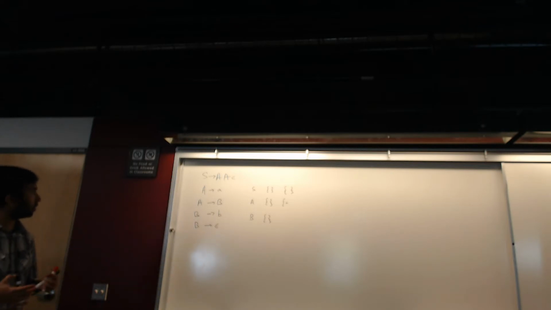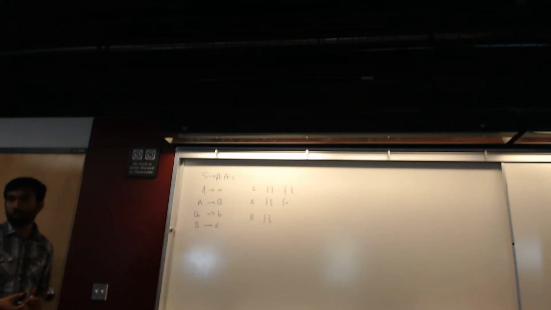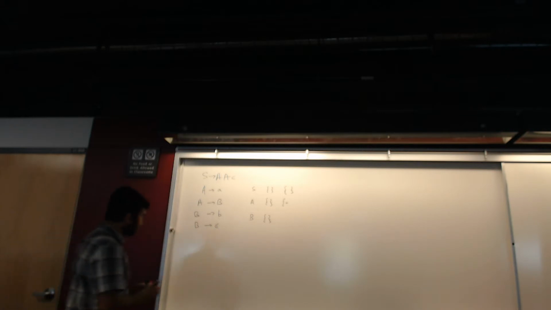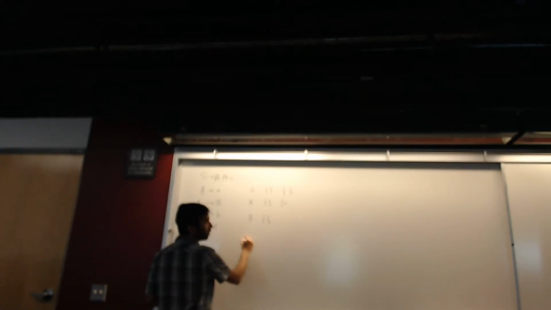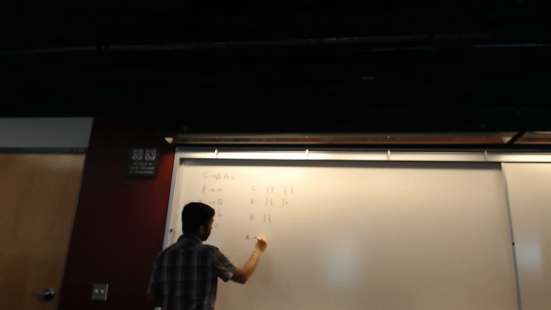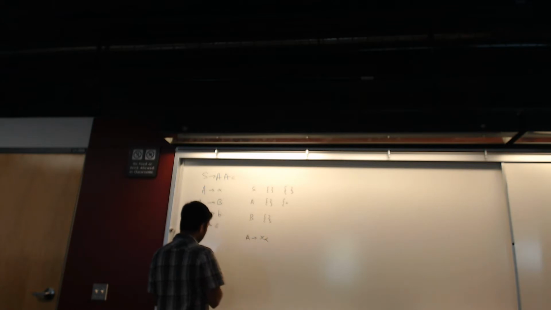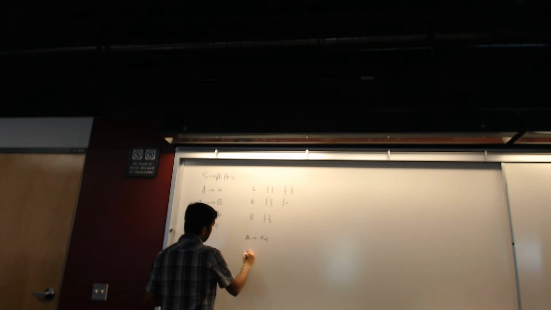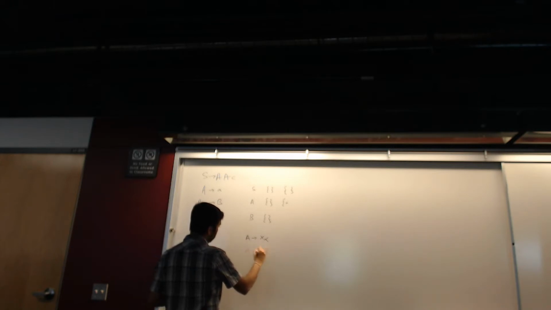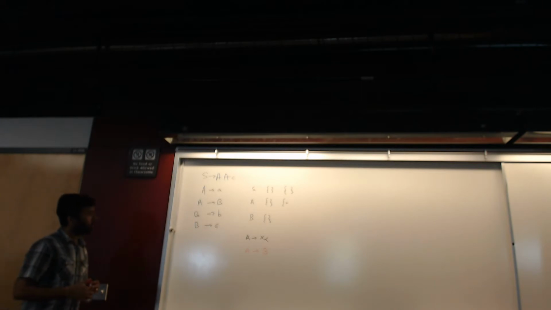Can we apply rule 3 to the third production rule? Rule 3 means A goes to X alpha, and the production rule to which we are applying that is A goes to B, right? So what is our A?